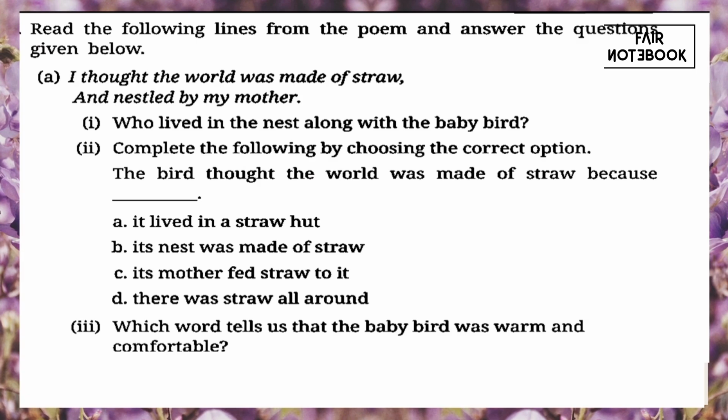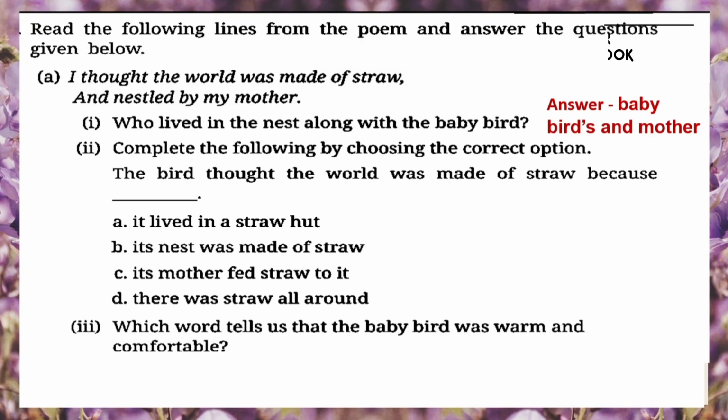Read the following lines from the poem and answer the questions given below. I thought the world was made of straw and nestled by my mother. Question: who lived in the nest along with the baby bird? Answer: baby birds and mother. Second, complete the following by choosing the correct option.